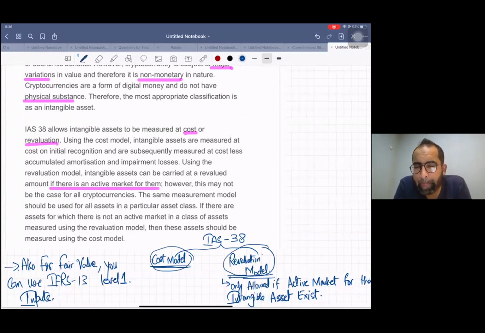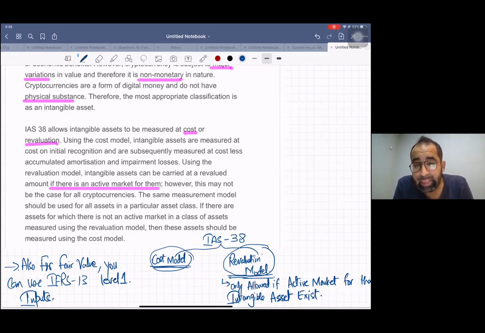So now look at me. When we came to the conclusion that cryptocurrencies are accounted for under IAS 38, you have two options: whether to go for the cost model or the revaluation model. But one more thing to learn, and it's relevant for your SBR normal course.